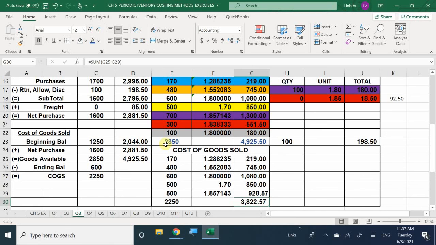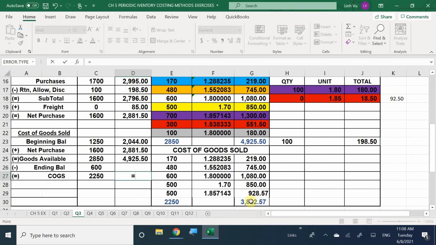Yes, you are correct. I was wrong. It was Excel. All right, so here you go. Now my totals are here. I'm going to also change the color there so then you guys know that this is a calculation here. So I have a grand total of $3,822.57 as my cost of goods sold.